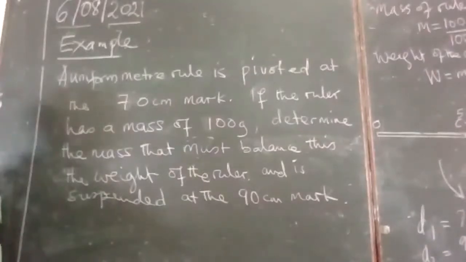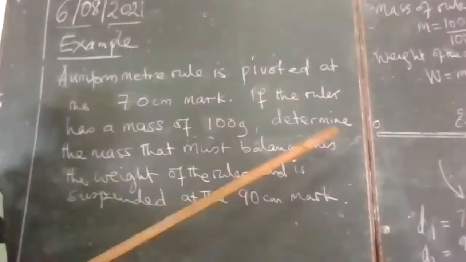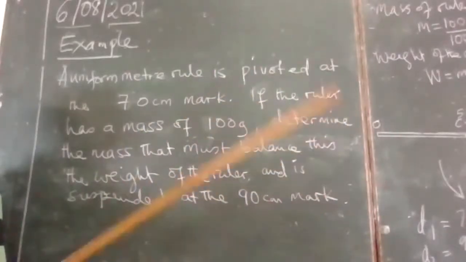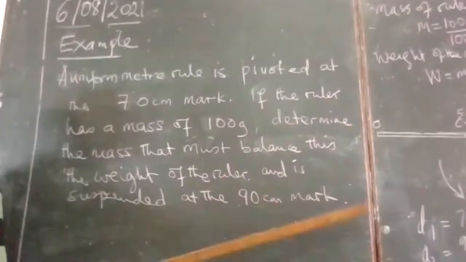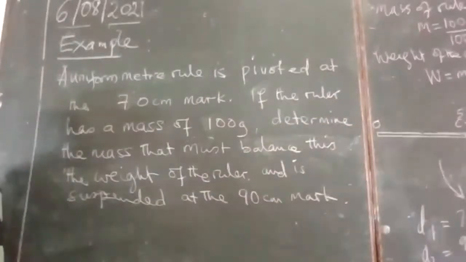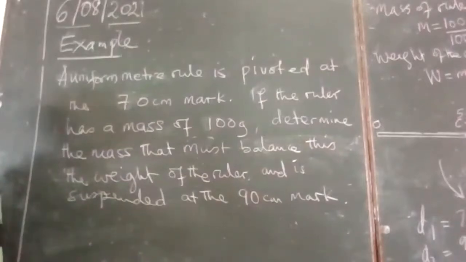That was a diagram, and the question is telling us that the meter rule was balancing, so we follow the question. Maybe our representation on the board was not that clear. I could not align it properly, but it was supposed to be balancing. Balancing means it is in equilibrium.